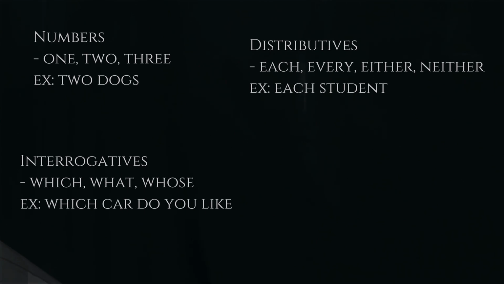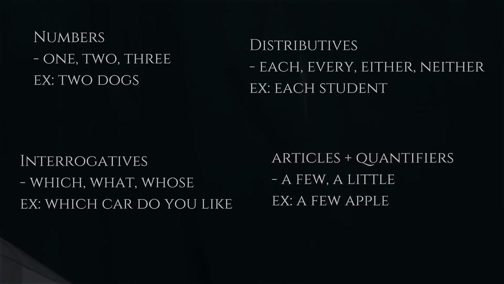Or which one do you like? Okay, next, the last is article plus quantifiers, like a few, a little. For example, a few apples and a little sugar. I think you can understand, okay?